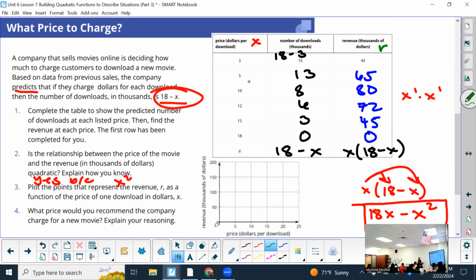So the way that you're graphing these, you'll plot X and then its corresponding R. So I'll plot 345, I'll plot 565 and all the rest. So go ahead and make that on that coordinate plane that's provided to you. Then you're going to answer, at what price would you recommend the company charge for a new lead? This is just like something that's on your constructive response, by the way.